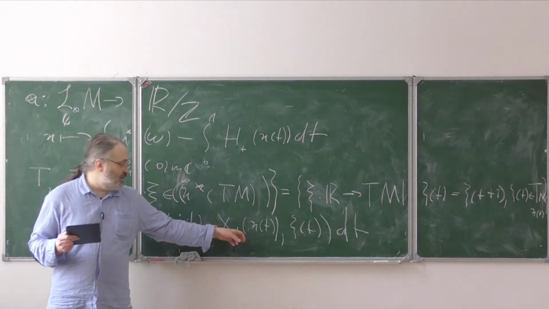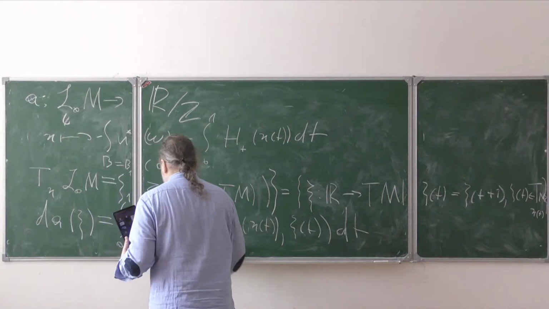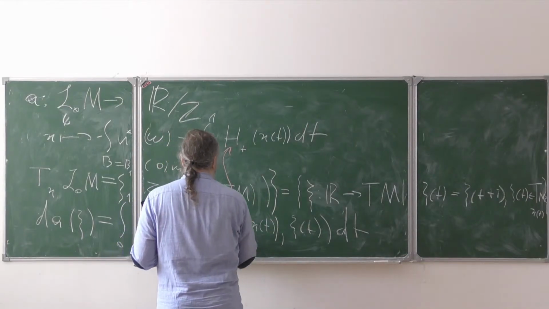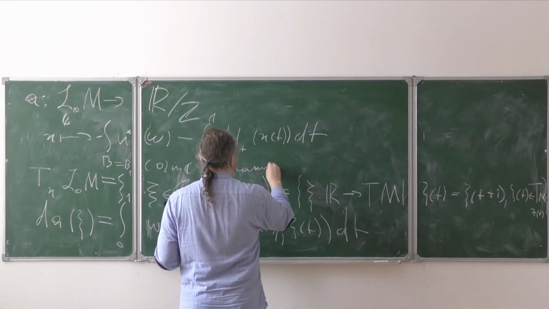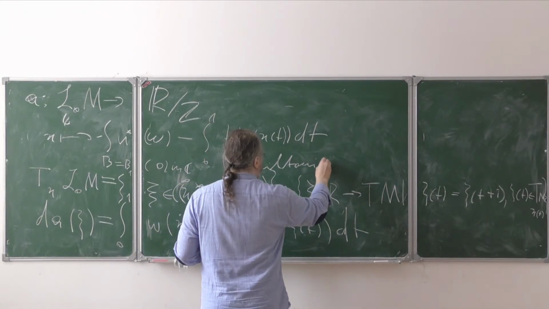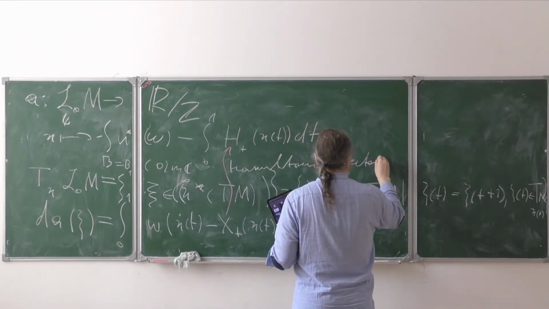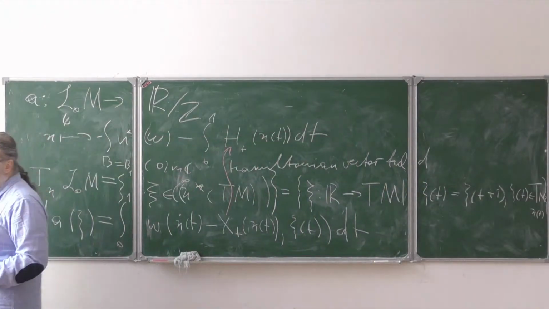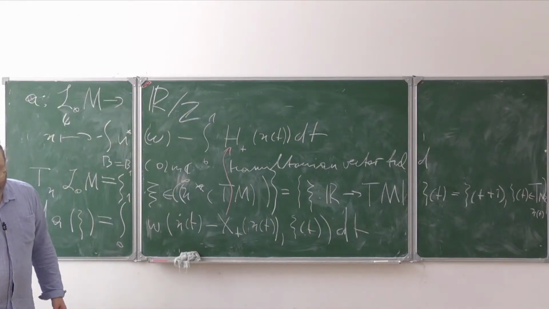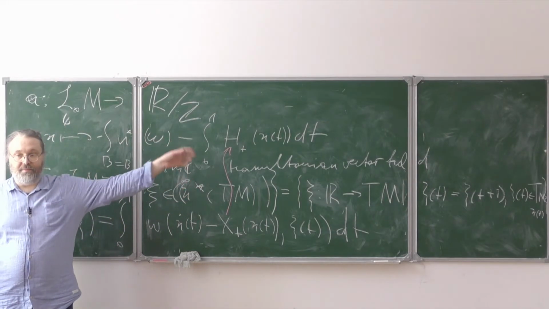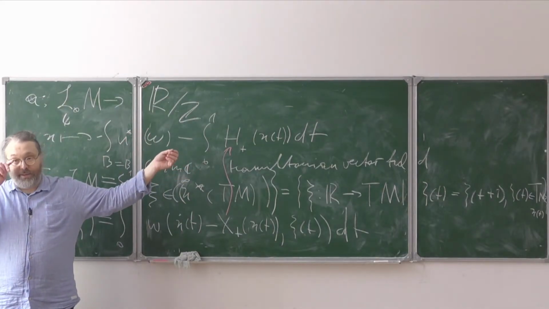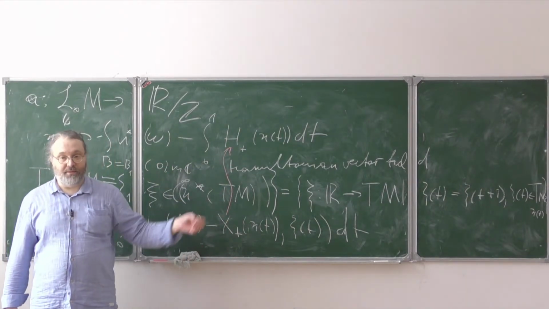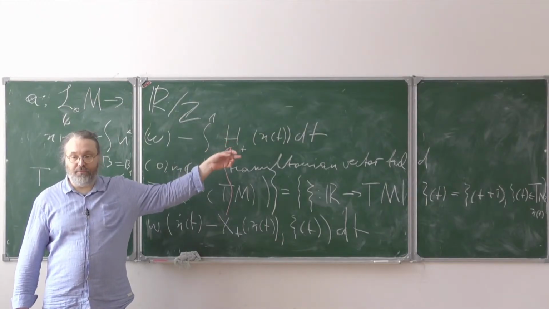Now, what is x_t? Well, x_t is the Hamiltonian vector field, which is determined by the symplectic form on M and the differentials of the family H_t of functions.